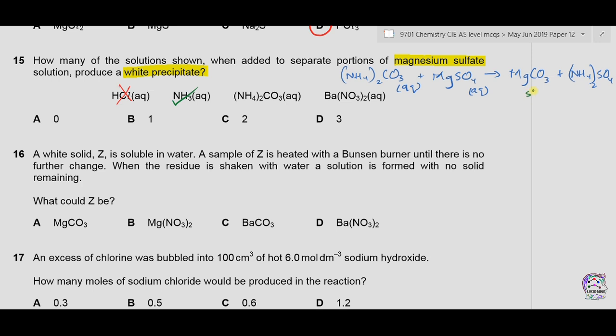Magnesium carbonate is a precipitate, while ammonium salts are always soluble. So this precipitate is being formed, so therefore ammonium carbonate also produces a white precipitate.